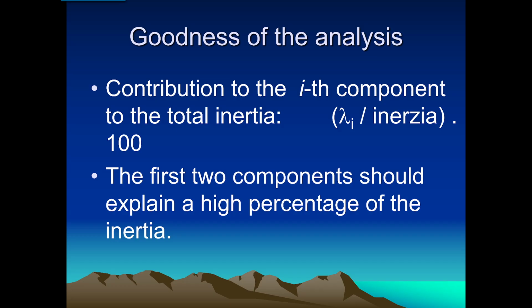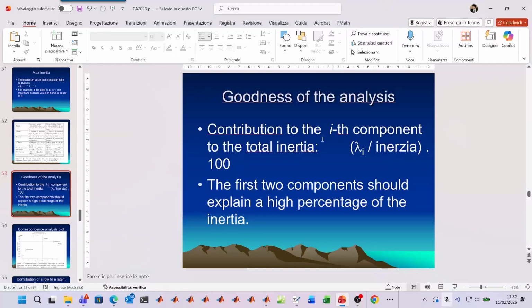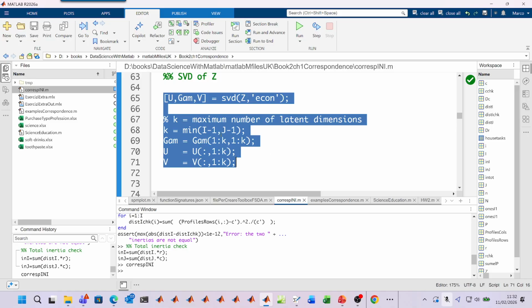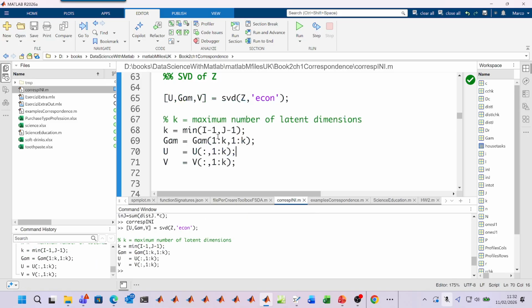Therefore, in order to check the goodness of the analysis, you have this lambda, the squared eigenvalue, the squared singular value divided by the total inertia multiplied by 100. Let us see. So you have this SVD, the number of dimensions to retain, and so you have this gamma, which is 2 times 2.